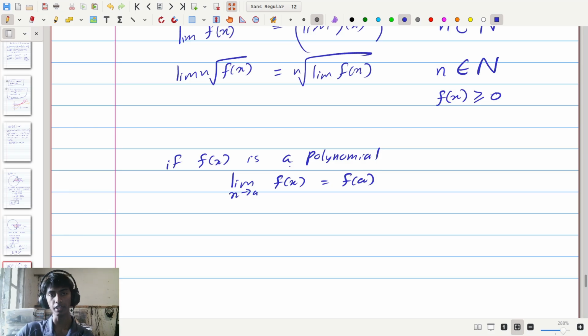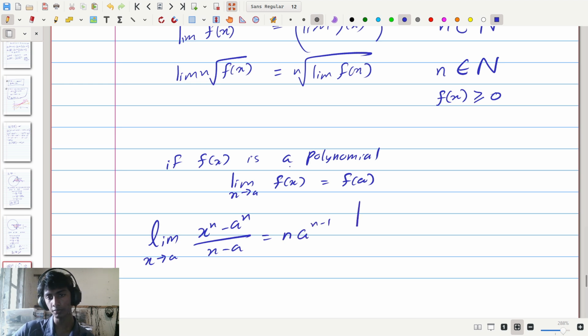And the squeeze theorem, we use those theorems to find that the limit as x approaches a of (x^n minus a^n) divided by (x minus a) was equal to n times a^(n minus 1), and the limit as x approaches 0 of sin x divided by x was equal to 1.